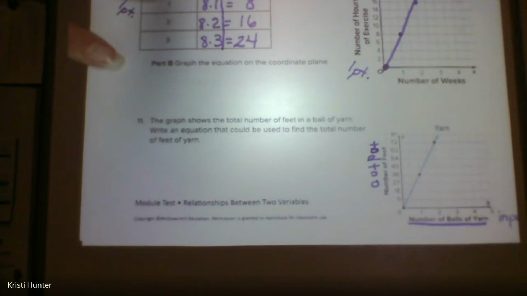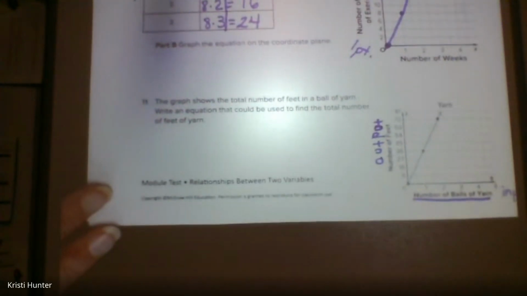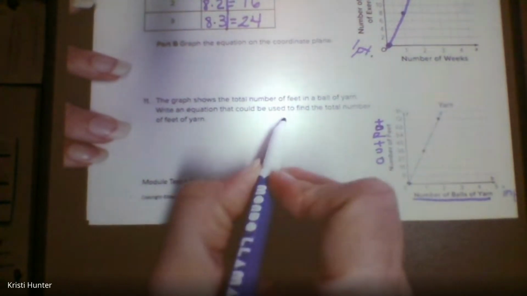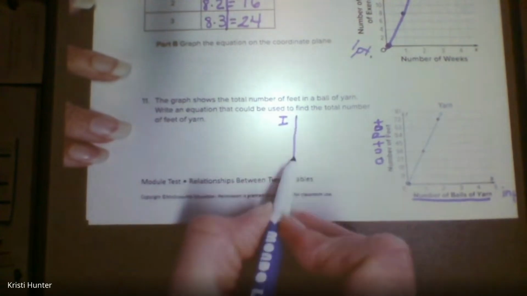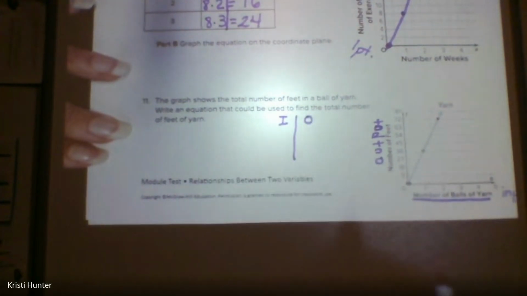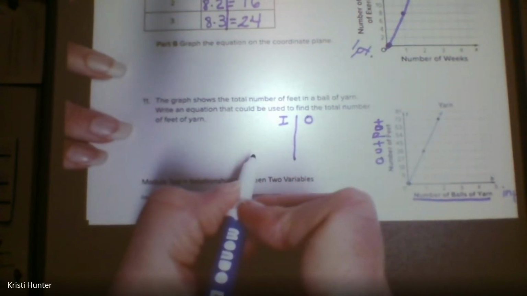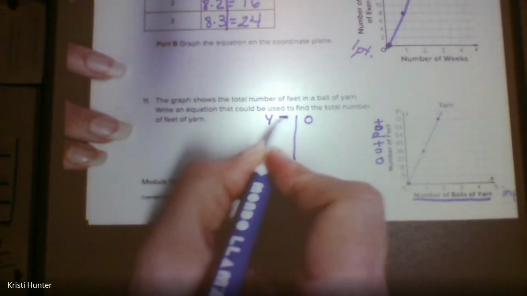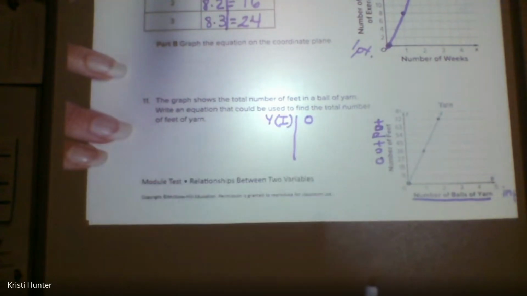So we've got to take a look and see what points we see on our graph. So it looks like this is 0, 0. So if I make an input-output chart, I'm going to guess input. We could use Y for yarn for my input.